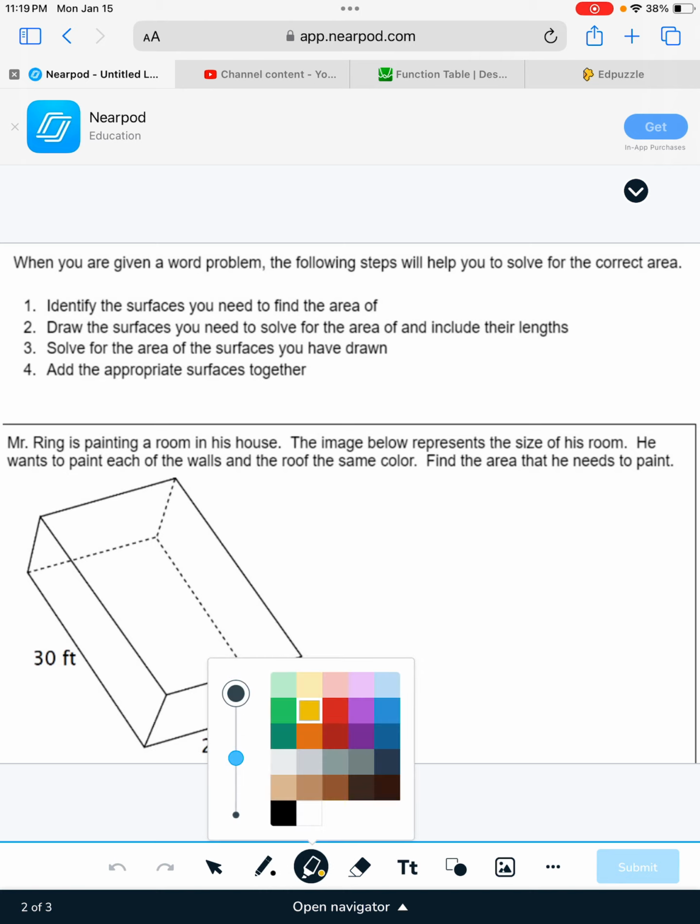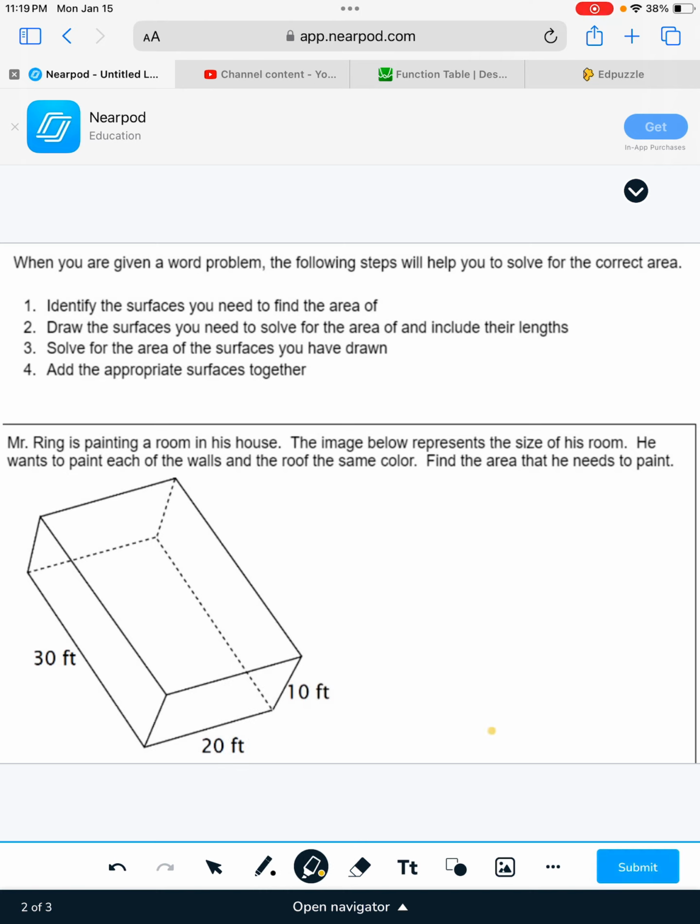First step is going to be to read the question and identify whatever surfaces you need to solve for the area of. A lot of these you don't have to solve for every surface area. A lot of them you can cut off one or two of them depending on what the question's asking for. Like this first one. I've asked it in a way to where you don't have to have the total surface area.